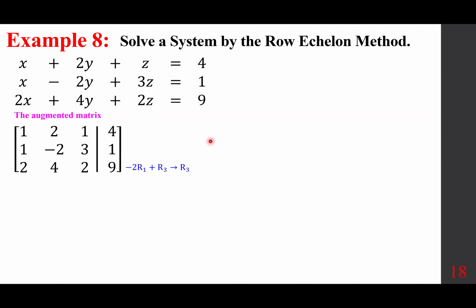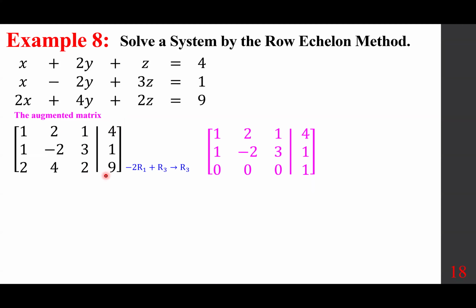So if we were to do this by hand, if you multiply the first row by -2 and put it in R3, notice what happens. If I multiply this by -2, with this one it adds up to 0. -2 times 2 with this one adds up to 0. -2 times 1 with this adds up to 0. -2 times 4 is -8, and 9, it gives us 1.